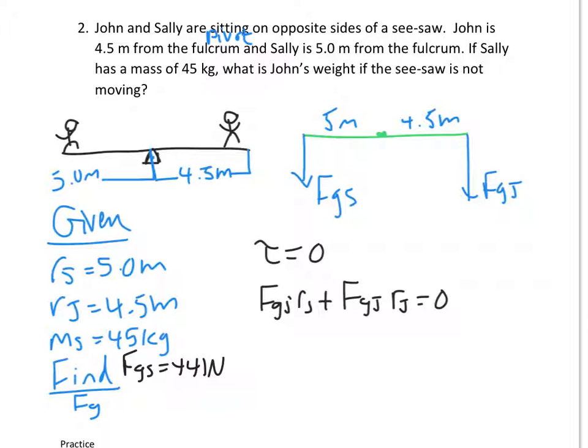Okay, so I'm just going to solve this a little bit differently than I did the last one. The last time I had solved for things separately and then put them in. Here I'm just going to do it algebraically and isolate what we're looking for. So trying to solve for John's weight, we get Sally's weight times her radius divided by John's distance, and that's going to give us John's weight.